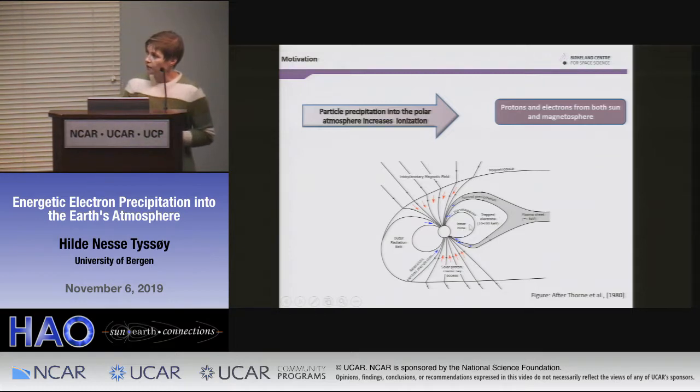And I will point out that the trapped particle population is one of the outstanding questions in terms of quantifying what is hitting our atmosphere.